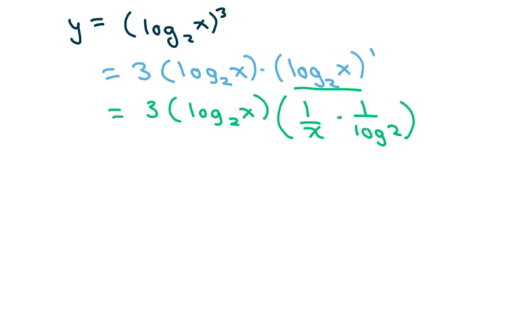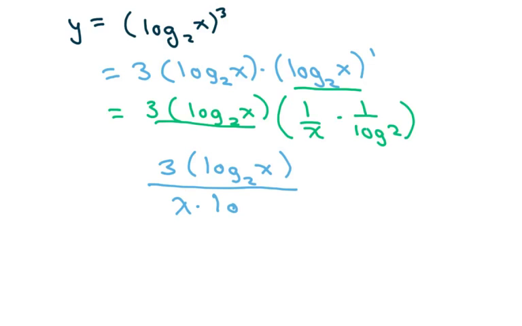Now, cleaning this up, this goes in the numerator. So we get 3 log base 2 of x over x times log 2. All right?